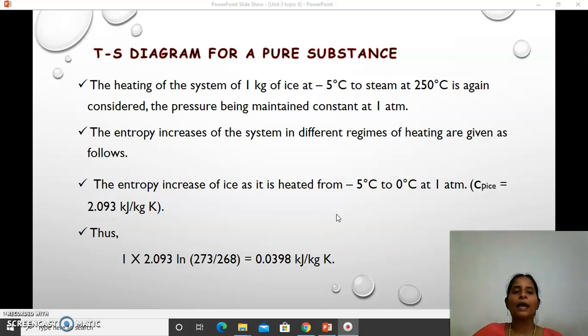Entropy is the property that shows the degradation of energy, that is, how effectively the heat transfer has taken place from the system to the surroundings or from the surroundings to the system. It is the signpost for measuring the quality of the experiments.